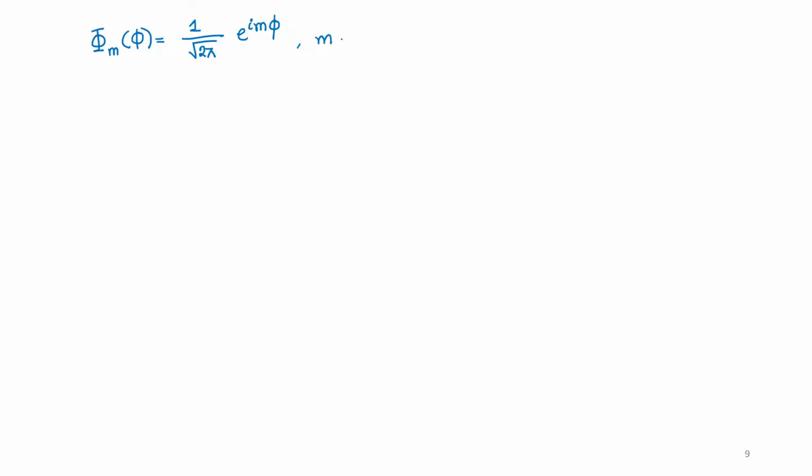Where m will be 0, plus minus 1, plus minus 2, plus minus 3, like this. And so this gives us the magnetic quantum number.